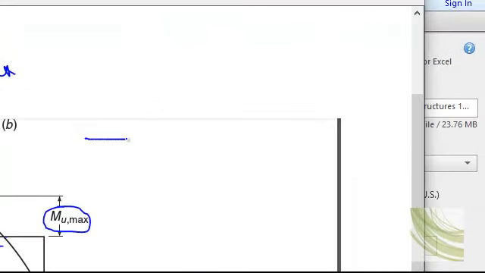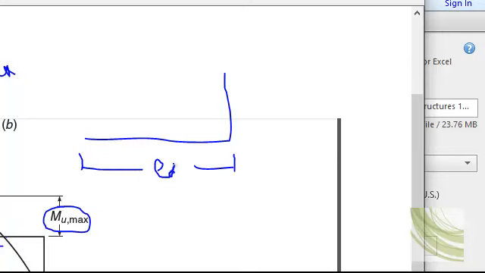Clear? This is the point of maximum moment, and this length is basically Ld. The development length for bars at point 3 is Ld.